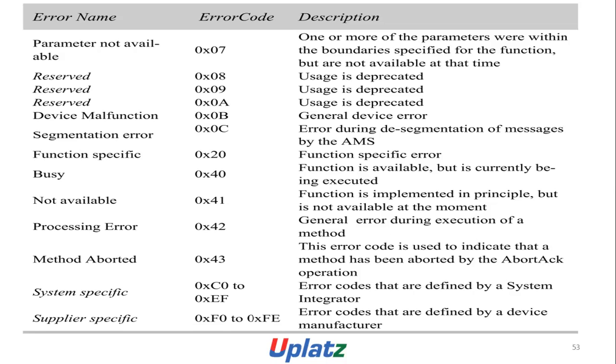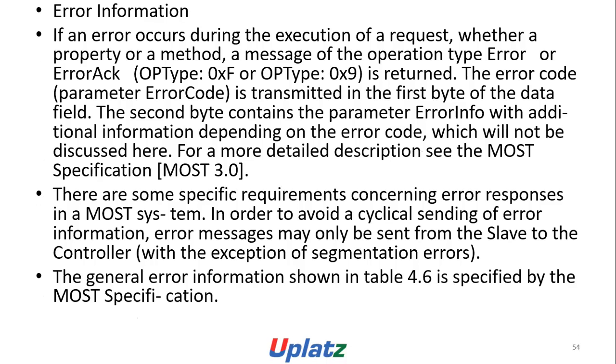Processing error, 0x42, general error during execution of a method. Method aborted, 0x43, this error code is used to indicate that a method has been aborted by the Abort Acknowledge operation. System specific, 0xC0 to 0xCF, error codes that are defined by the system integrator. Supplier specific, 0xF0 to 0xFE, error codes that are defined by a device manufacturer.